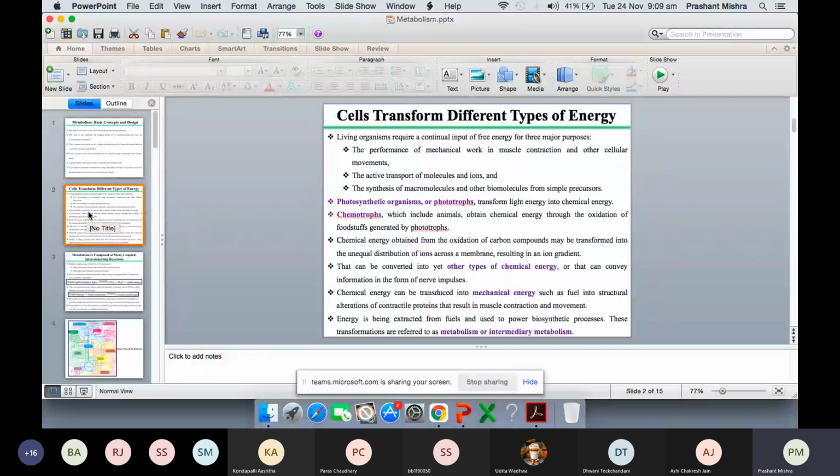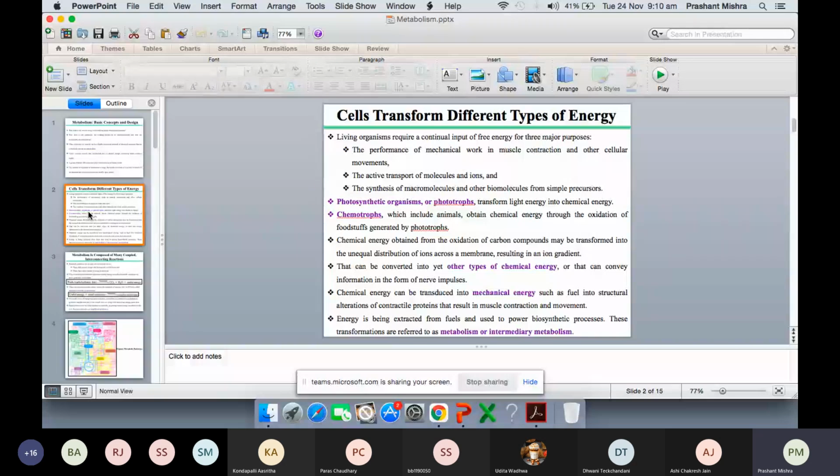Any metabolic activity starts from energy, because unless you have energy, you cannot carry out the reaction or these activities, and that's why it is important that the cell transforms different forms of energy.